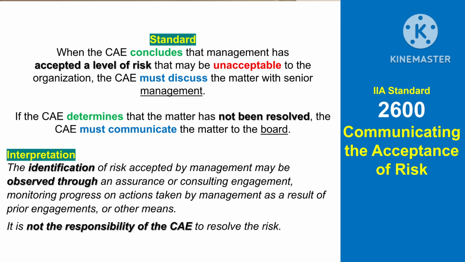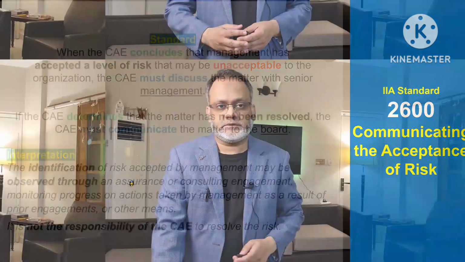As per the interpretation, the identification of risk accepted by management may be observed through an assurance or consulting engagement, monitoring progress, or action taken by management as a result of a prior engagement or other means. It is not the responsibility of the Chief Audit Executive to resolve the risk.